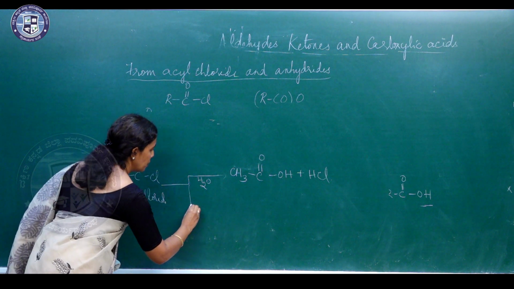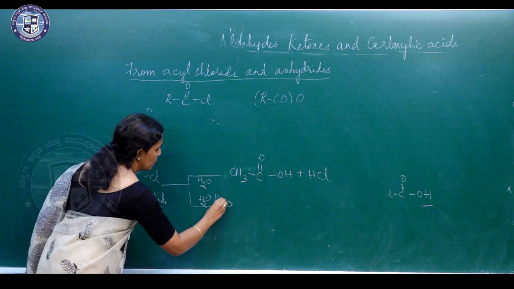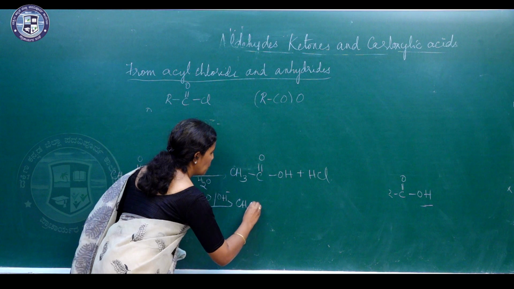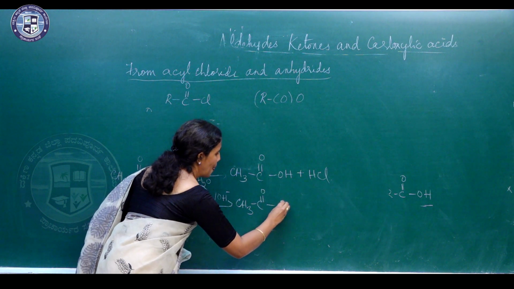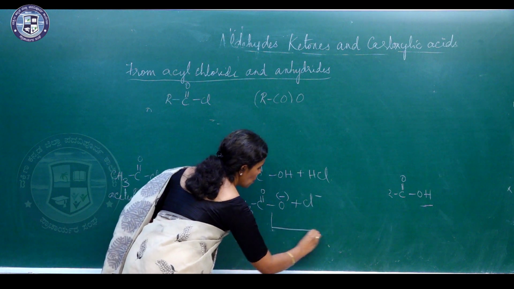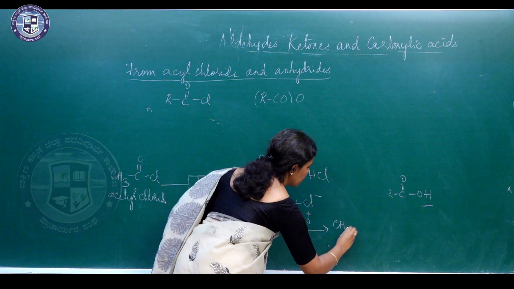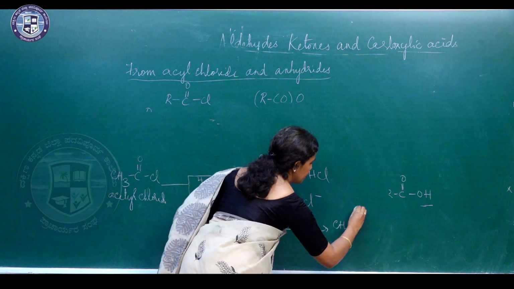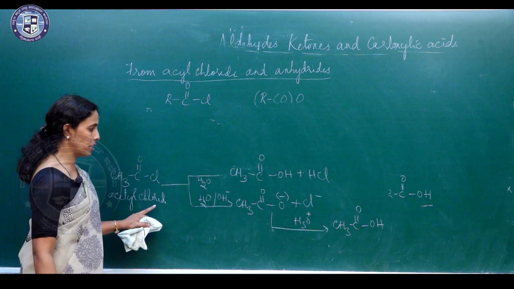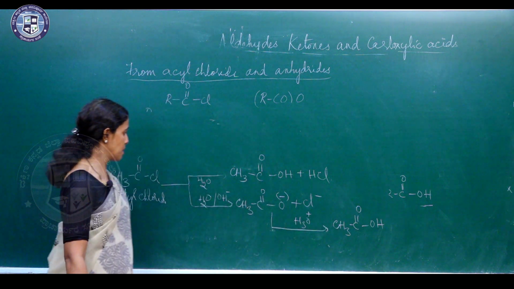The same reaction you subject to hydrolysis in presence of a base, that is OH minus. So, then we get the carboxylate ion along with Cl minus. This on acidification further will give you acetic acid. So, we have started with acetyl chloride and we have ended up with acetic acid.